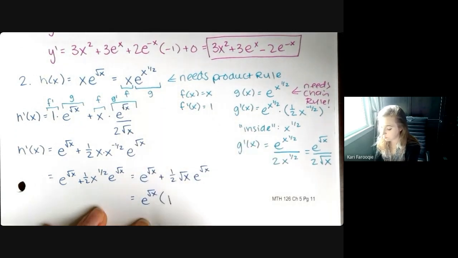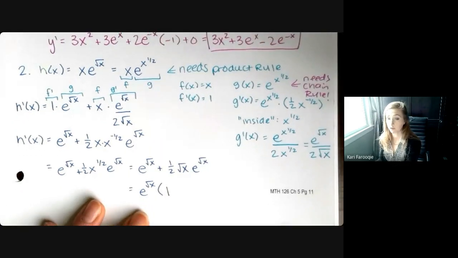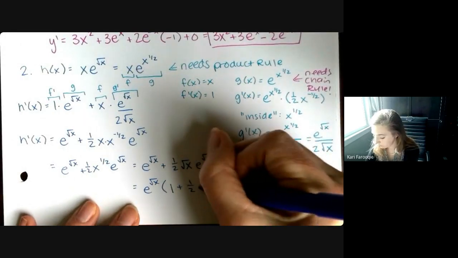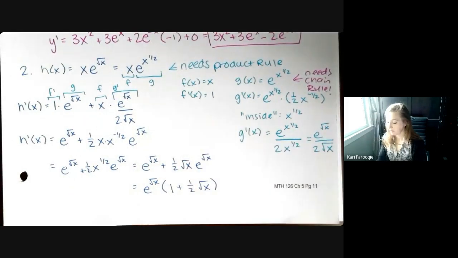Don't forget, though, that when you do that, you still have a 1 as your first term. And then plus 1/2 times the square root of x. Sometimes students think that this looks better, and that's fine, as long as you do it correctly. Sometimes we mean well by simplifying things, and we end up making mistakes in our simplification, and then we get an answer that's not equivalent.